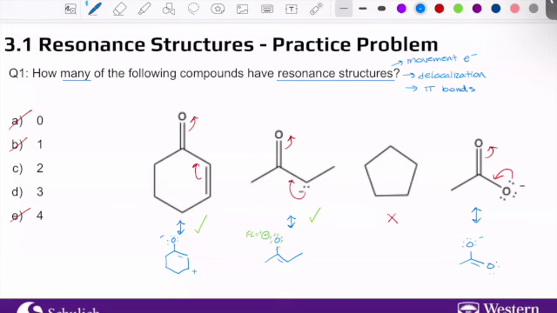We see that we have a negatively charged oxygen species on the right side, and then a resonance structure of that causes the delocalization of that charge to then be associated with a new oxygen species as follows. So we can confirm that this compound then does also have a resonance structure, meaning C cannot be an answer, and our best representation would be option D.